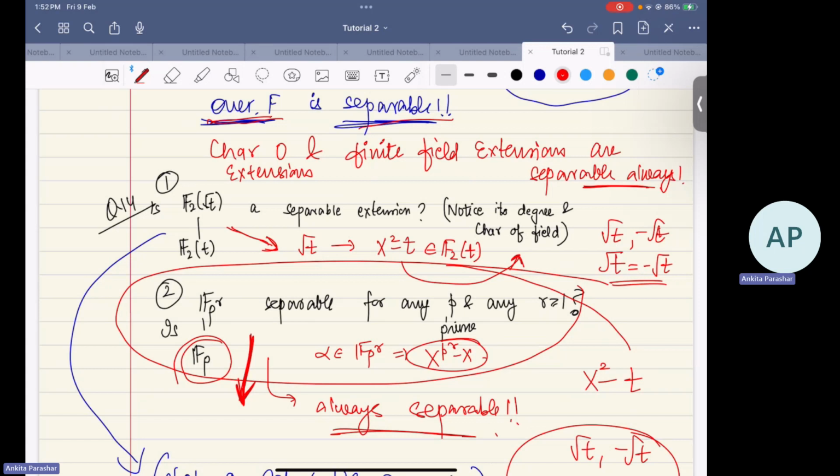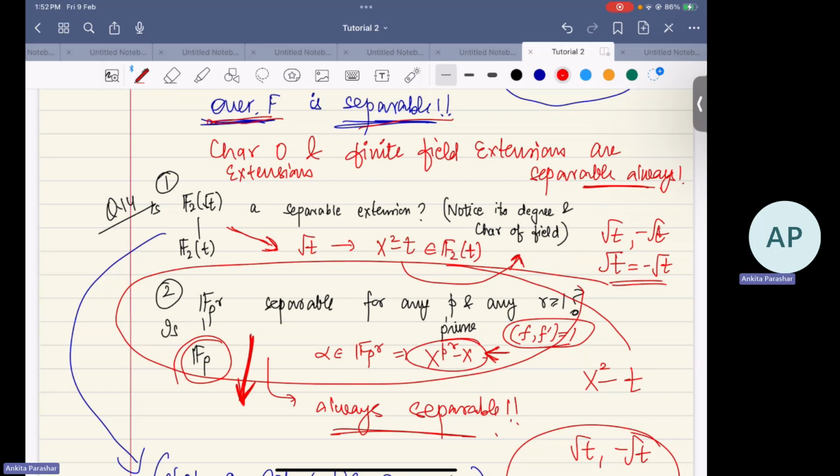All roots are distinct, and therefore you can say that this is a separable extension, right? Just by looking that it has all distinct roots; you just have to check that its derivative is coprime to it. If you can see that, then you are done.